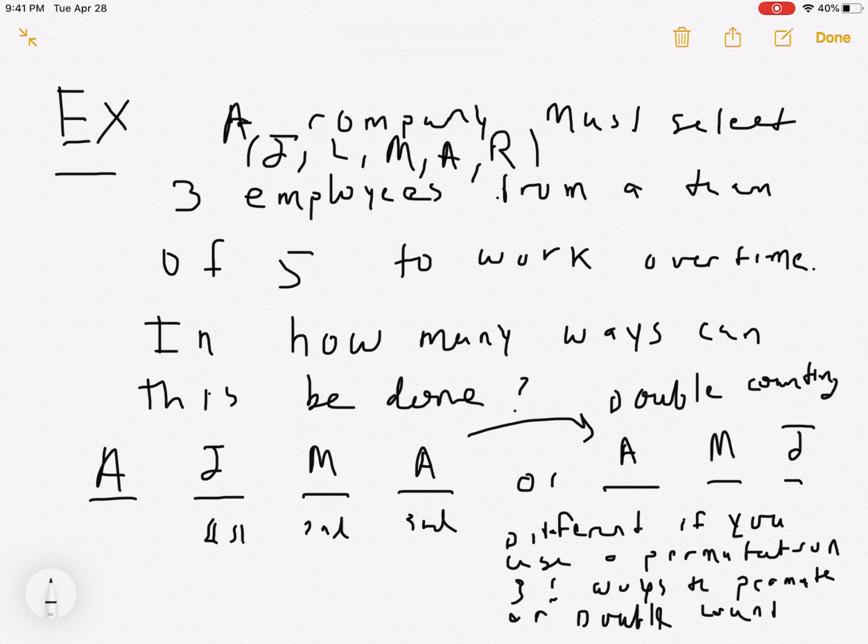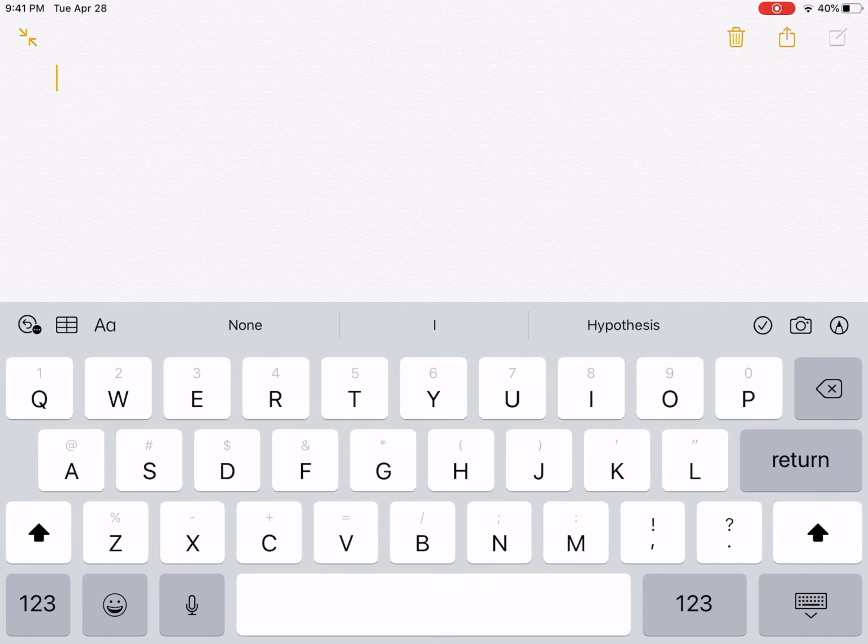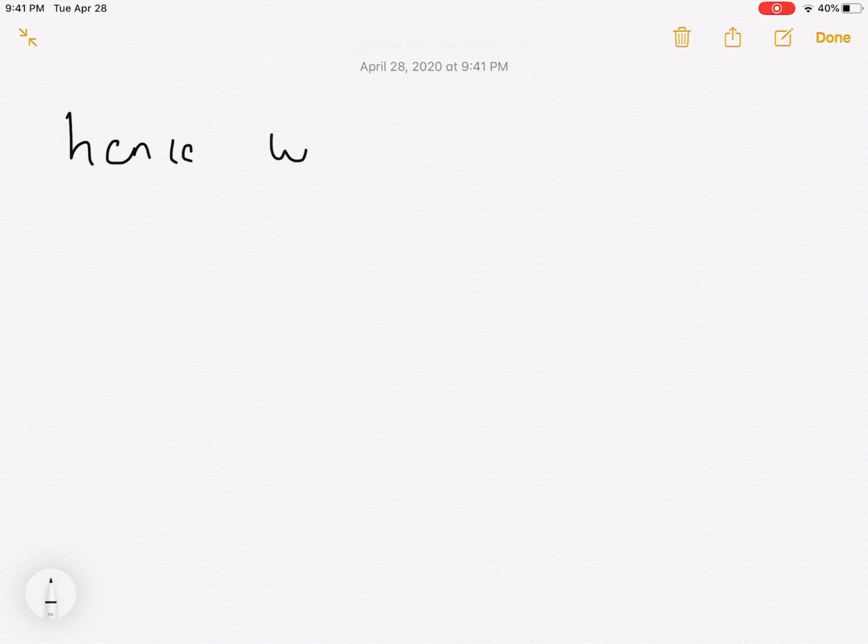Okay, let me get a new slide here. Hence, we want to remove order.